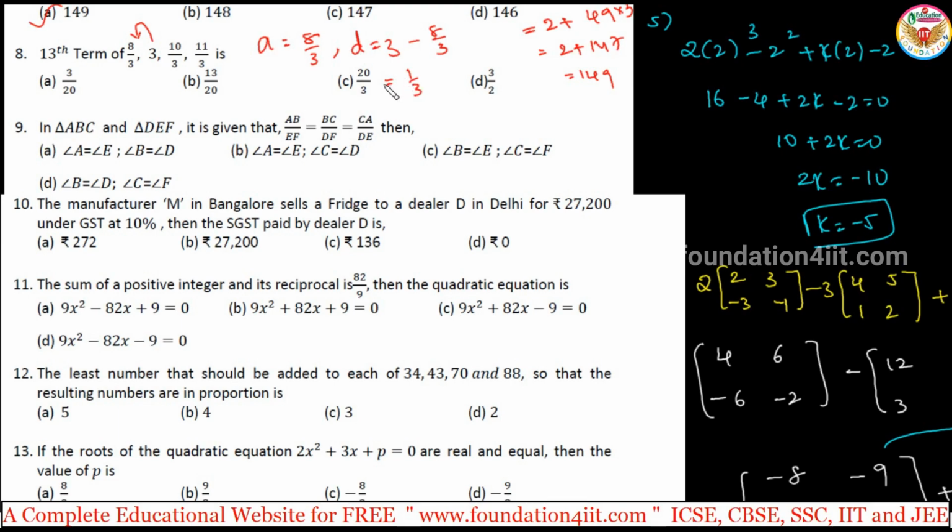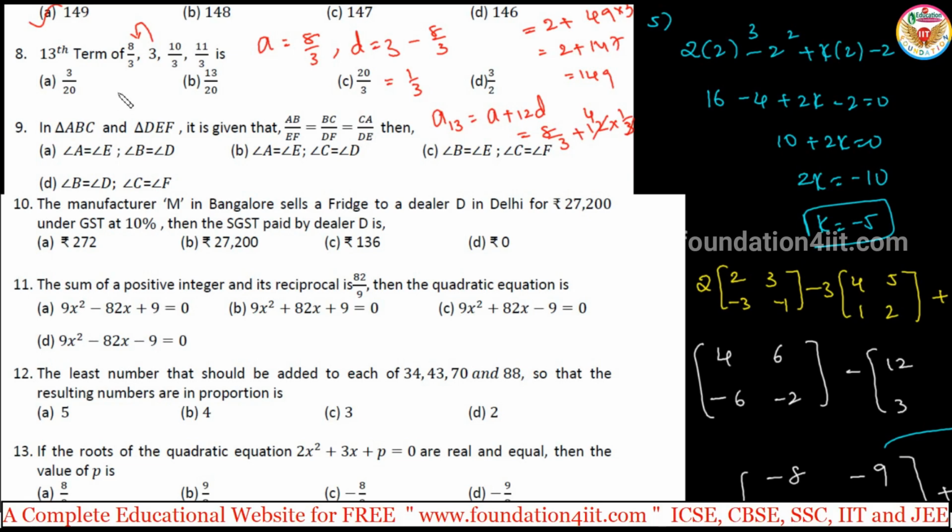If you know the A value and D value, you can find out the 13th term directly. So A plus 12D, because it is the 13th term, N minus 1, 13 minus 1. So A is 8 by 3 plus 12 into D, which is 1 by 3. 3 ones are 3, 4. 8 by 3 plus 4, that is 20 by 3. 20 by 3 is option C.